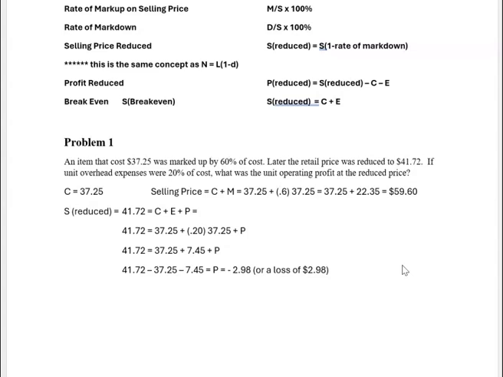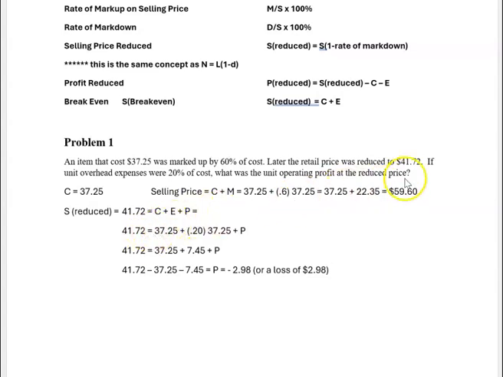Okay, so now we're going to look at the selling price reduced. So we have $41.72 is our reduced selling price, and we know that that is equal to the cost plus expenses plus profit.